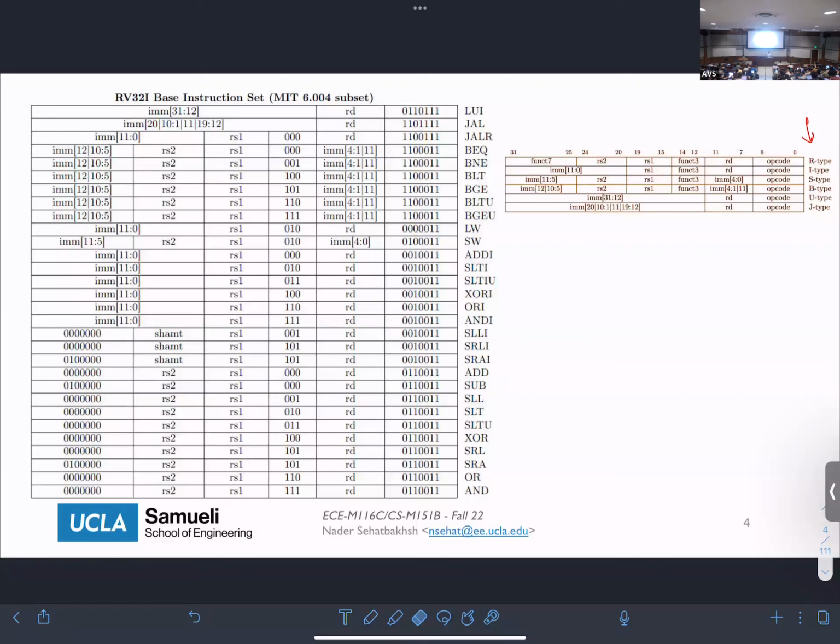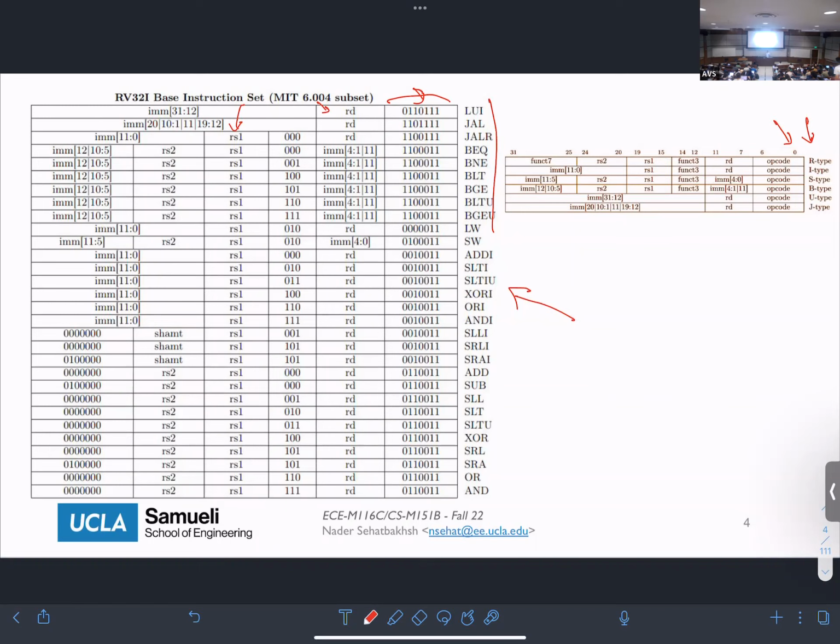If you look at this left side, you will see that all these instructions go into one of these categories depending on how they use different fields. One big thing is that we try to make it as simple as possible to make the decoding simpler. So, for example, we make sure that all of them have the same place for the opcode, all of them have the same place for the sign bit, and the same place for RS1, for example.